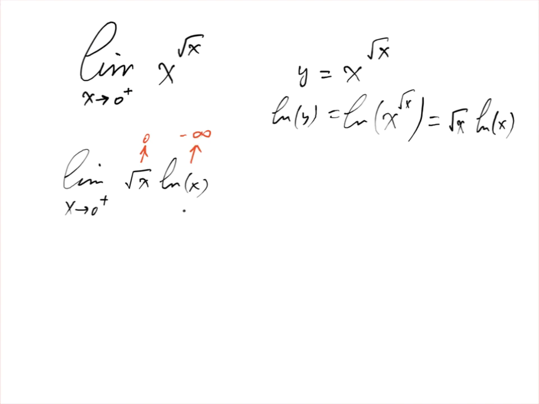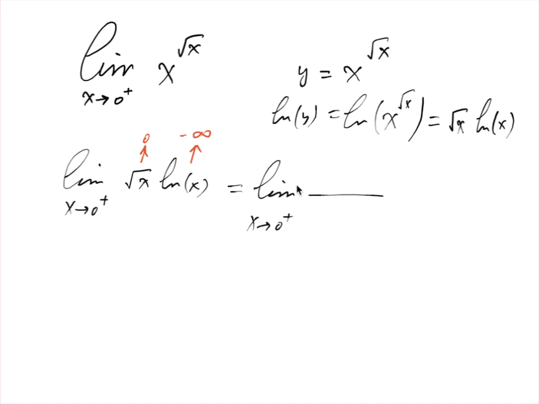So this can be written as a ratio, so we get 0 over 0 or infinity over infinity. Let's write it as a ratio, because we can only apply L'Hopital's rule when we have an indeterminate form 0 over 0 or infinity over infinity.